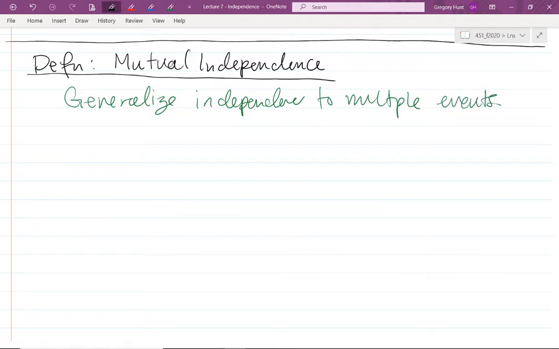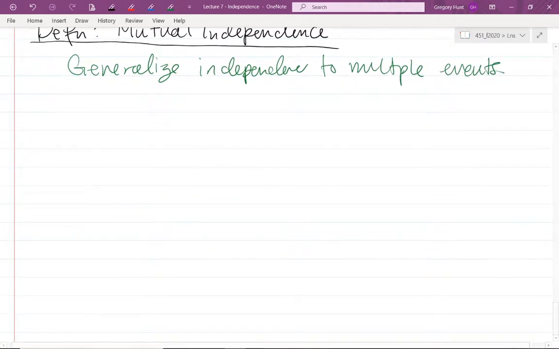Okay. What's the definition of mutual independence? First of all, we're going to assume we have some sequence, i goes 1 to n, of events A sub i.